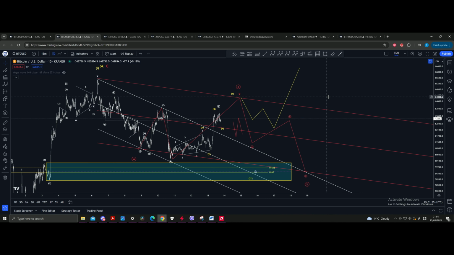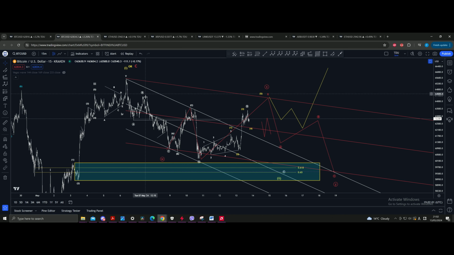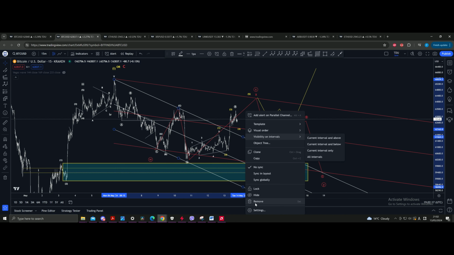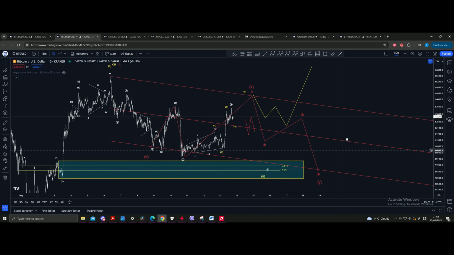The alternative that I don't like either would be potentially this red one, that something completed here in a 3-wave move, and then that we have a 3, a 3, and now we're building potentially a 5 here. So 3, 3, 5 would give a flat, and that would be our wave X. And then we could have another 3-wave move down into a golden zone.